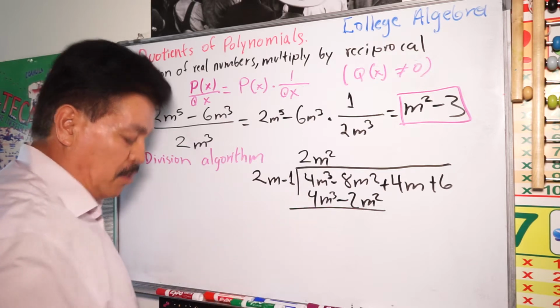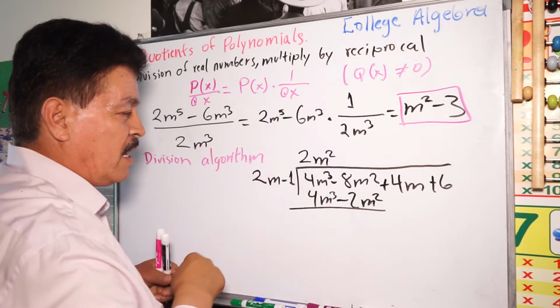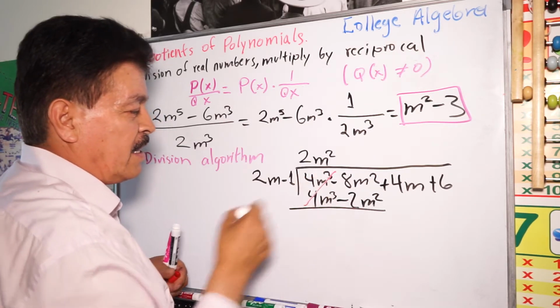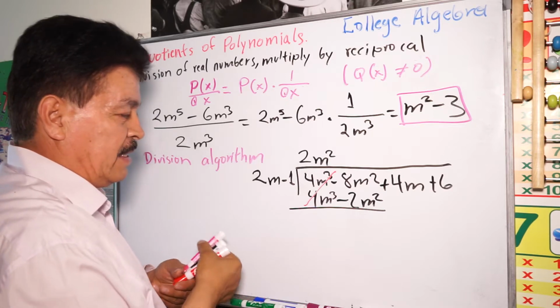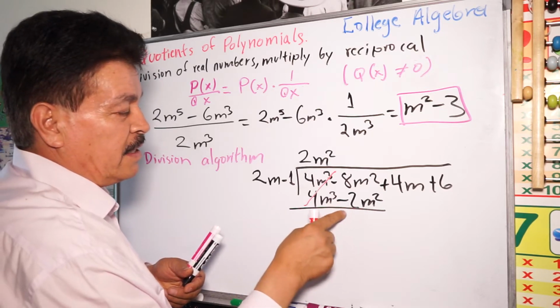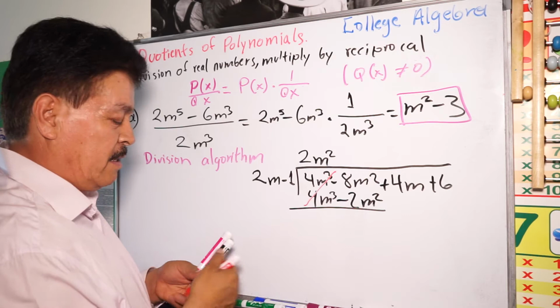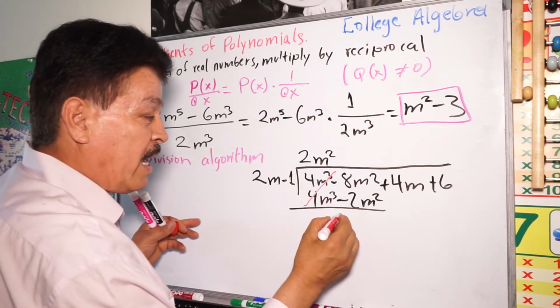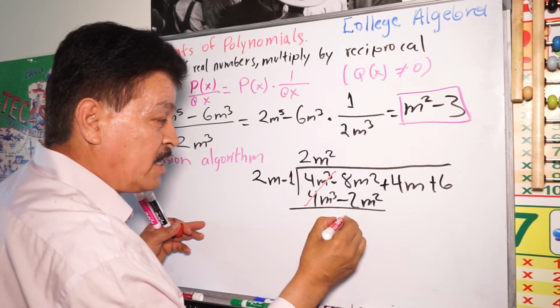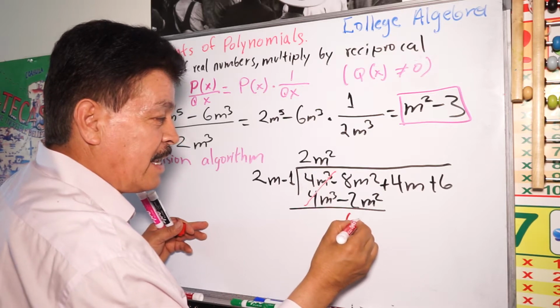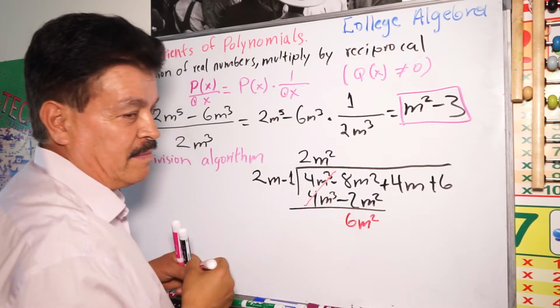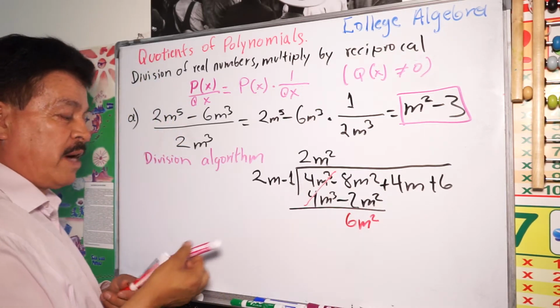In the first term, you subtract and it cancels, and this negative 2 changes to positive. Then you are going to have positive 6m squared.